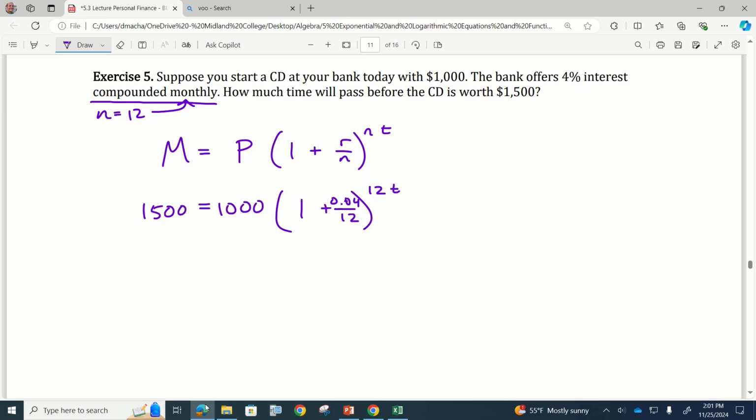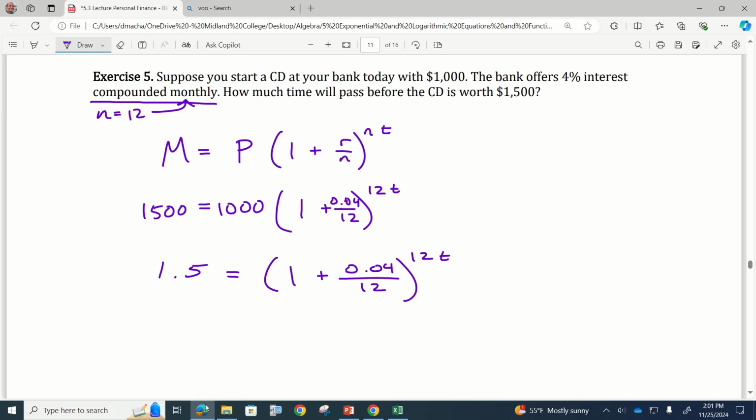Okay, let's start trying to solve for t. I'm going to divide both sides by 1,000. And this is what I get after I divide both sides by 1,000. Here's what we do next.